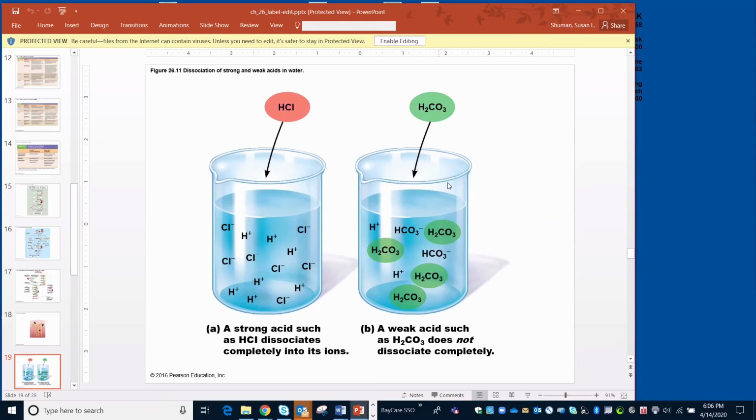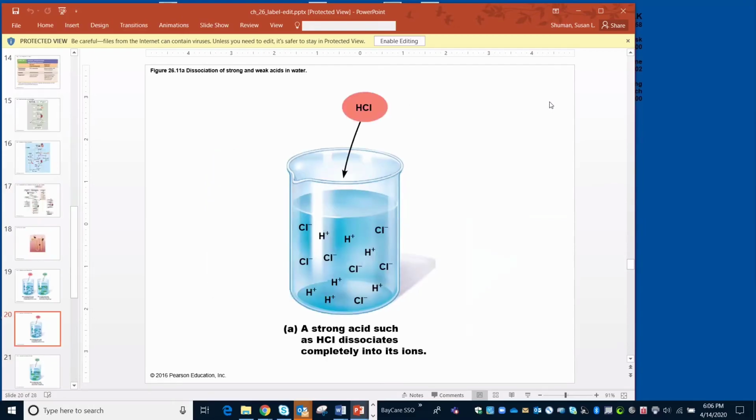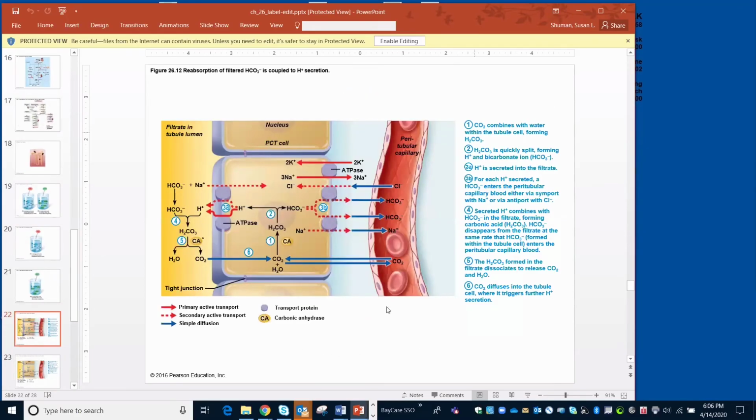We also use potassium for buffering, but when we're talking about our big pH control, what we really tend to focus on is this bicarbonate ion. And that was really what you were looking at when I gave you that flipped classroom assignment of pH balance, okay?